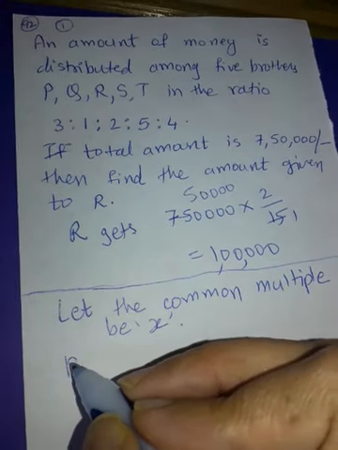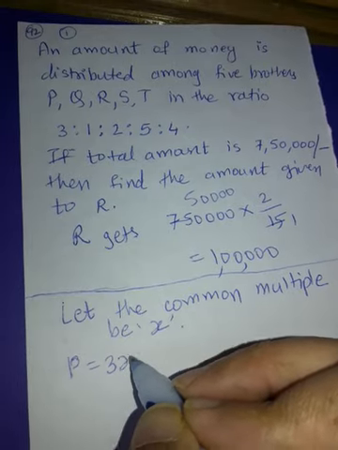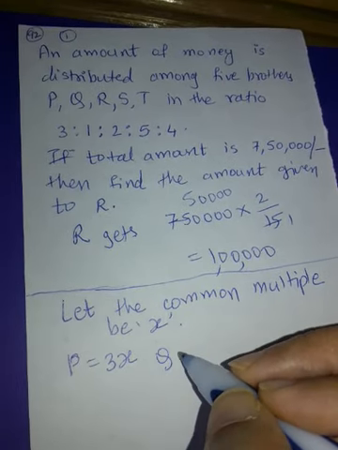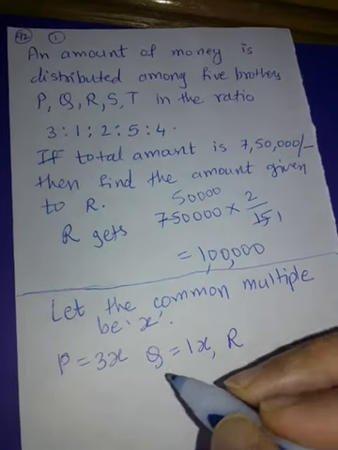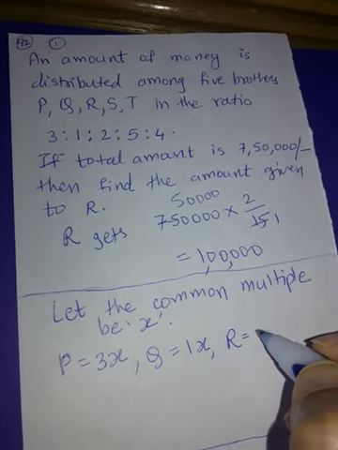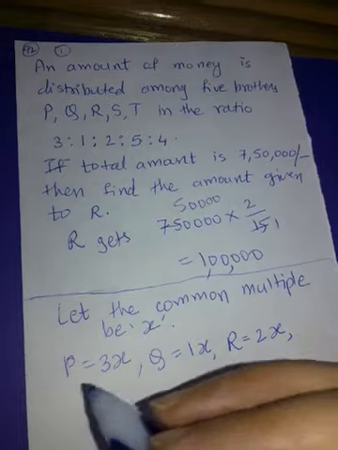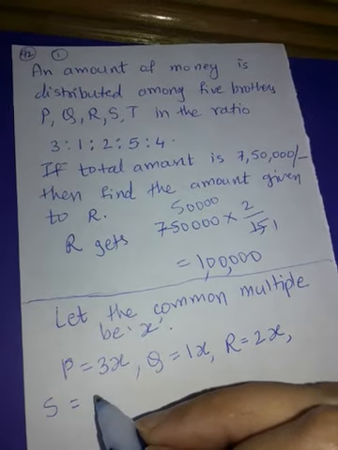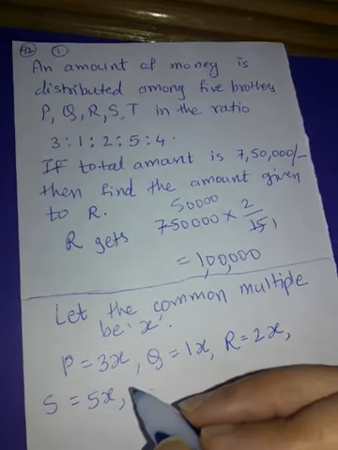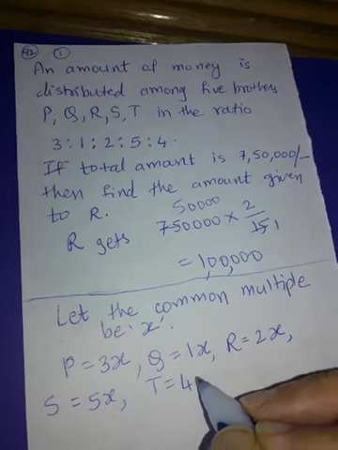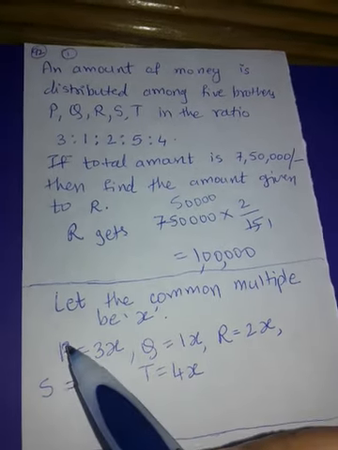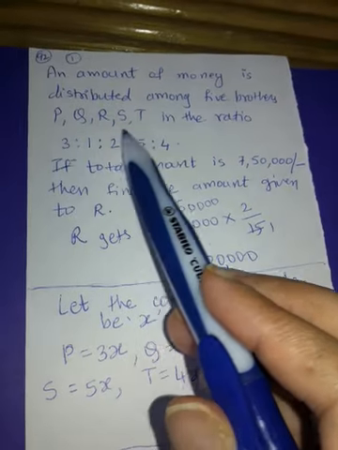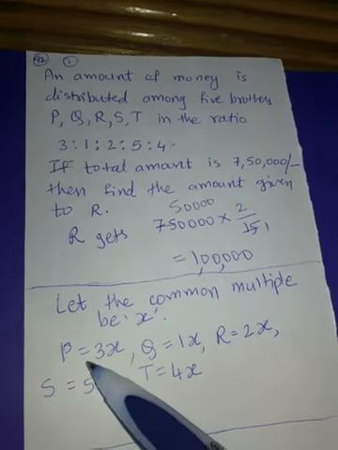So share of P becomes 3X, Q 1X, R 2X, S 5X and T is 4X. Look at this equal to sign. Now I have converted this ratio into this equal to sign.